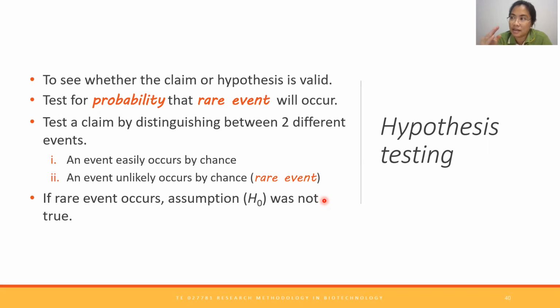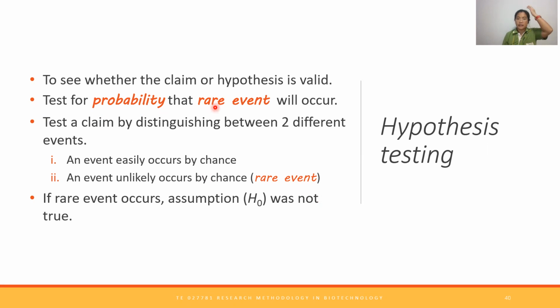We have two hypotheses, the null hypothesis and the alternative hypothesis, and we want to say that something is valid by disproving the null hypothesis. The test is a test for the probability that a rare event will occur.